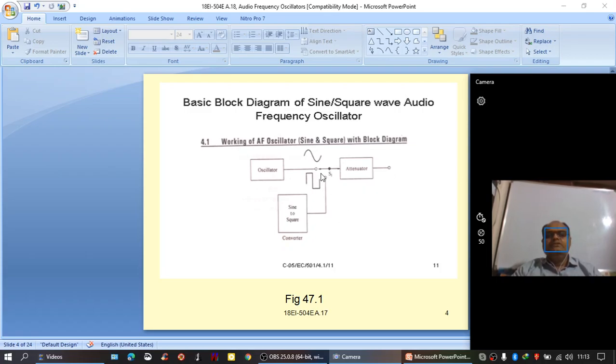On the other hand, when the switch is connected to the sine to square wave converter, the output at the attenuator is variable amplitude, variable frequency, square wave signal.